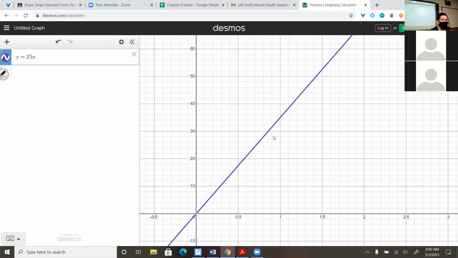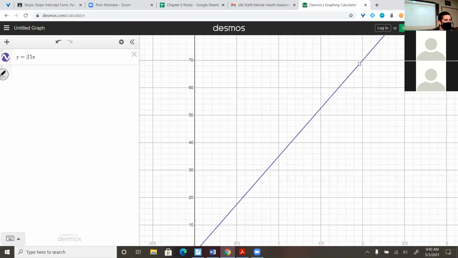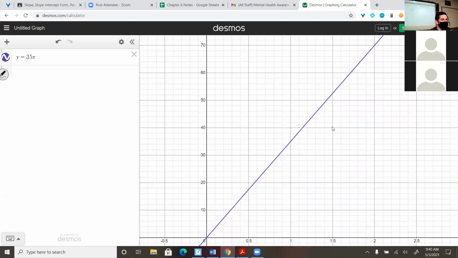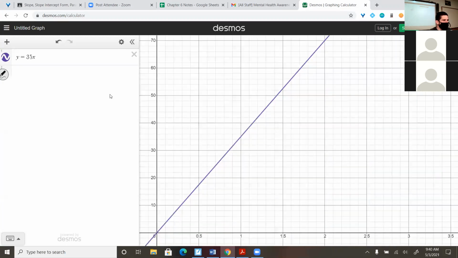So there's an infinite number of points that could exist based off of what x value or what y value I want. So this represents the distance traveled by car number 1, the blue car, we'll call it. And so I can see that after 1 hour, it's traveled 35 miles. After 2, it would have traveled 70. So we can kind of see how its pattern is going.